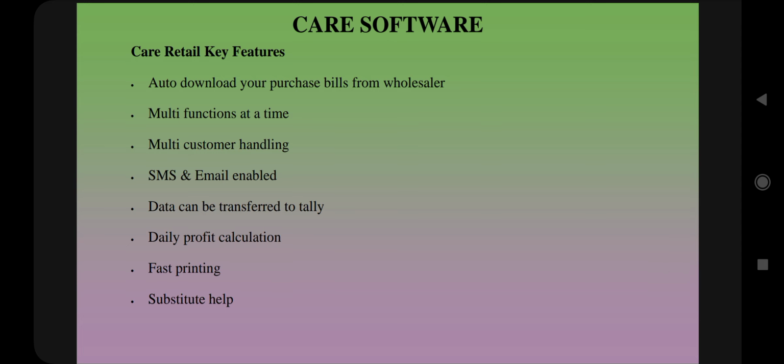Care software: whatever software you are using in the particular medical or chemist shop, you have to mention it. I used the Care software during the training. Some of its features are auto download of purchase bills from the wholesaler, multi-functions at a time, multi-customer handling, SMS and email enabled, data transfer to Tally, daily profit calculation, fast printing, and substitute help.